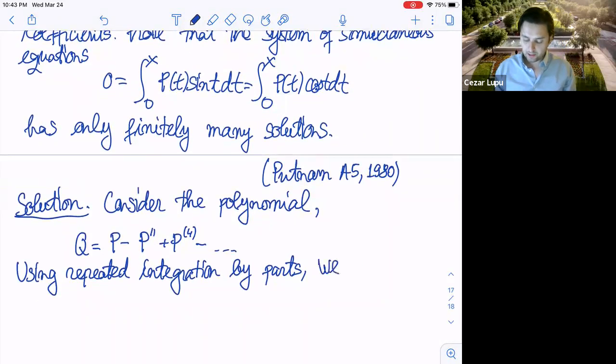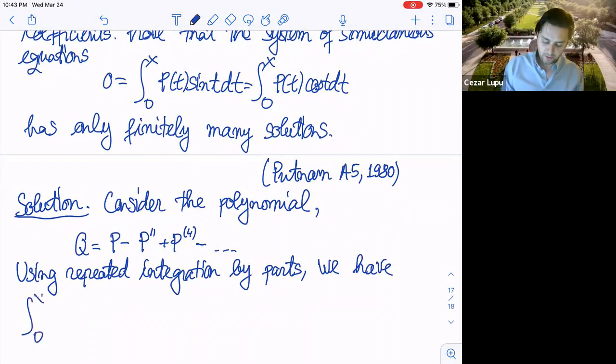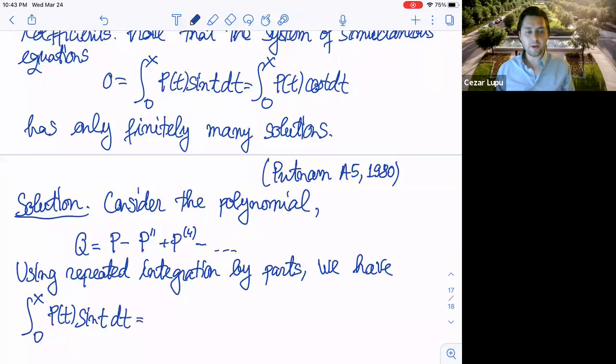We have, and let me show you how funny this would look. We have that the integral from 0 to x of p of t times sine of t dt. And now pay attention, since I'm using this notation, I'm just integrating over and over again with sine, cosine, as we take the derivative, right?